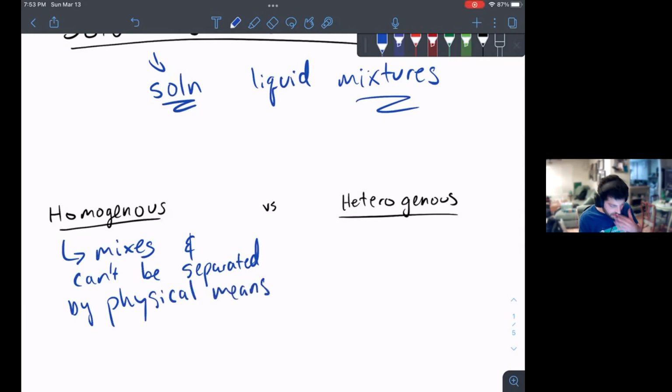What I mean is you can't just go in there and scoop out whatever you've mixed in. An example might be salt and water. If you mix salt and water and let it all dissolve, you cannot physically pick out salt crystals.